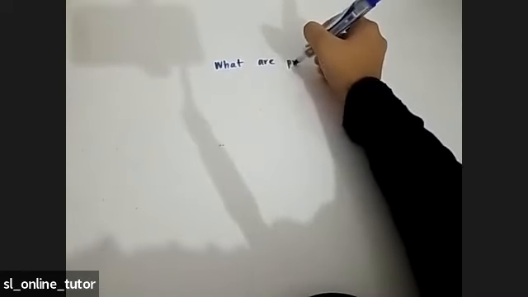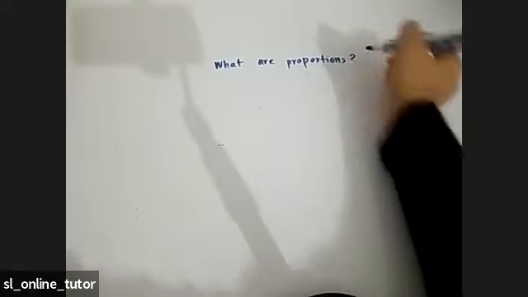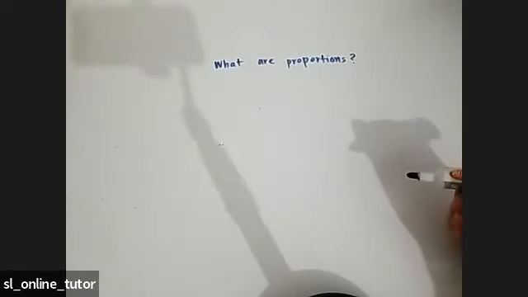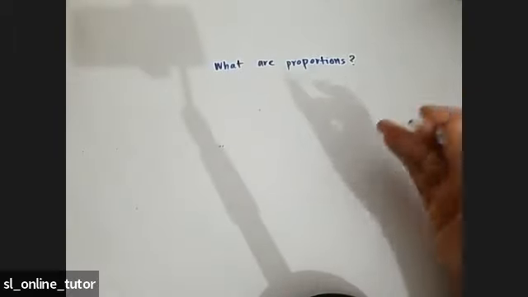Now look at the board. First of all, you should know what is proportion. Before knowing direct proportion or inverse proportion, you should know what proportions are. So proportion means, in simple terms, we are comparing.